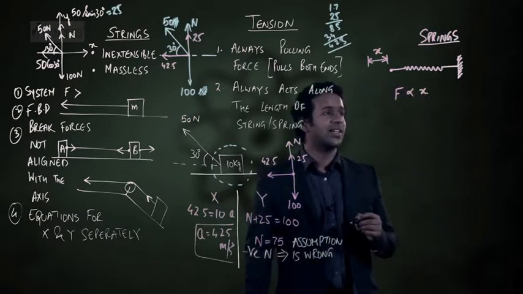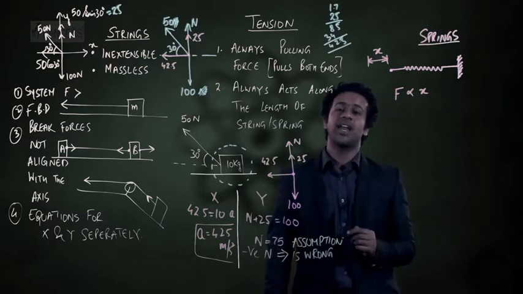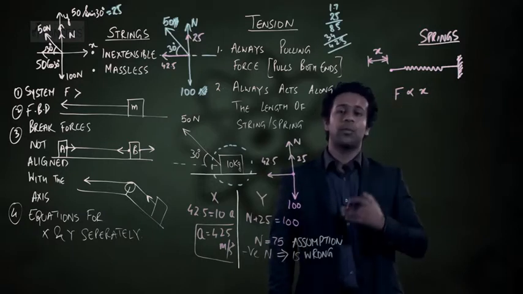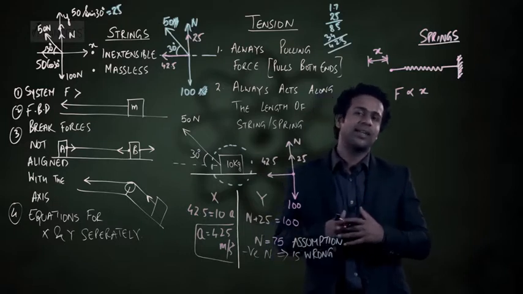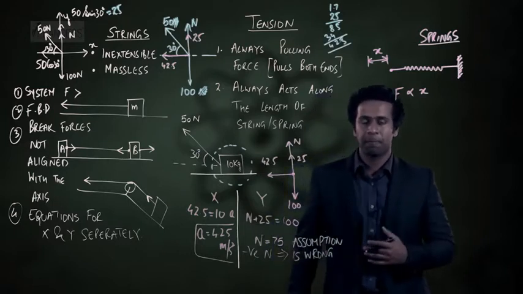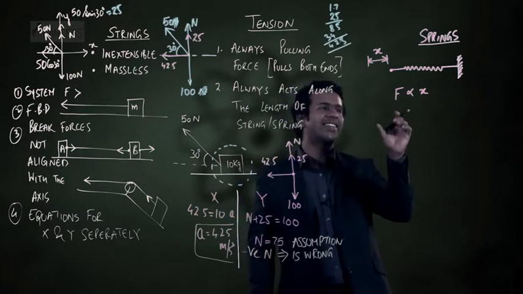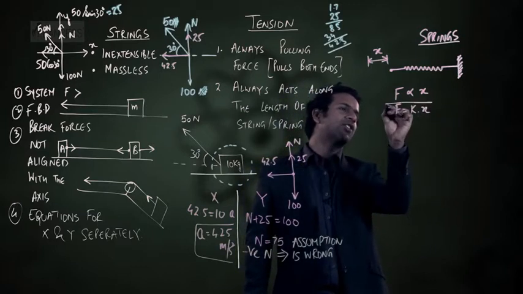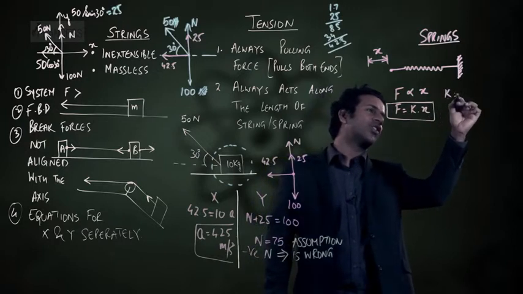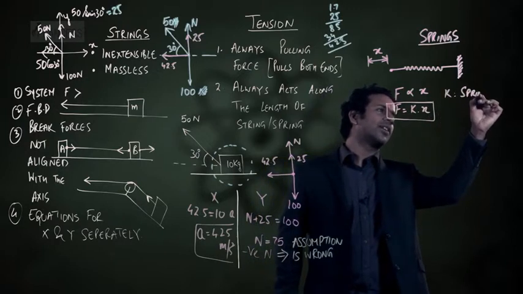Now we have discussed that whenever we have a proportionality sign, then to remove the proportionality we need to replace it with a constant to turn this into an equality. Similarly, in this case we will use a constant, and this constant K is called the spring constant.